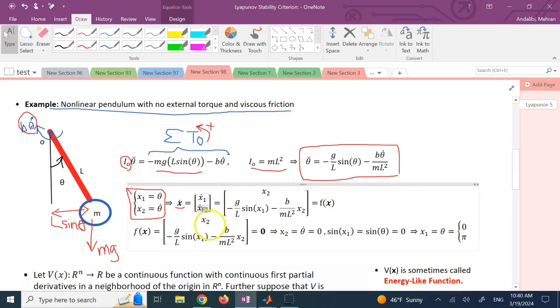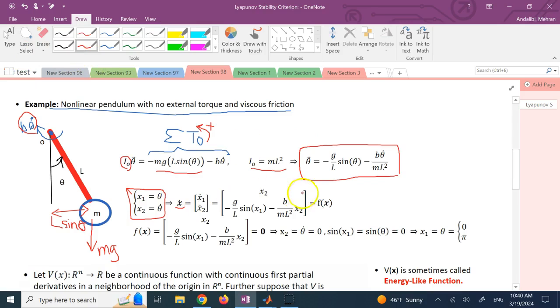And x1 dot is clearly equal to x2, and x2 dot equals negative g over L sine theta, which is x1, and negative b times theta dot, which is x2, divided by their own components, ml squared and L. So these are now your first-order ODEs. You have two of them.